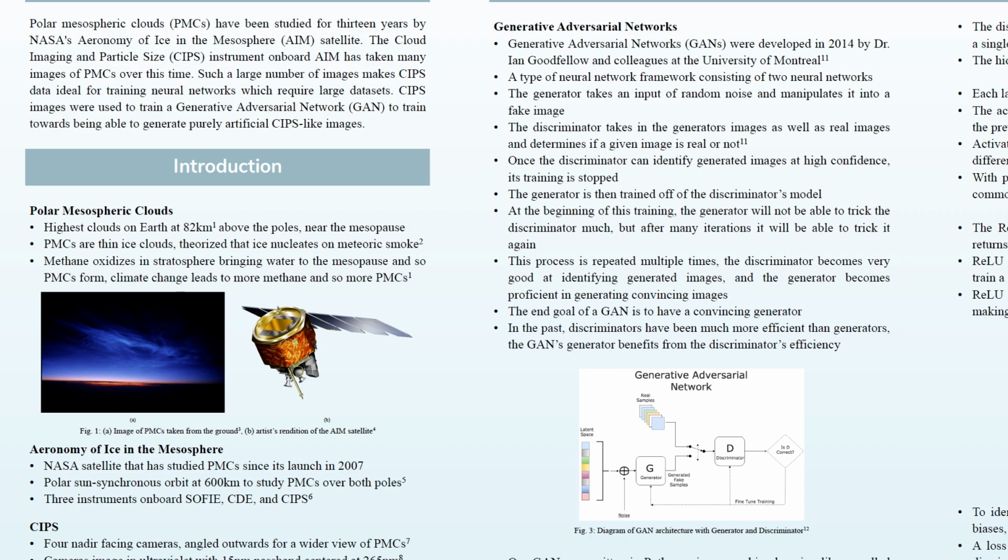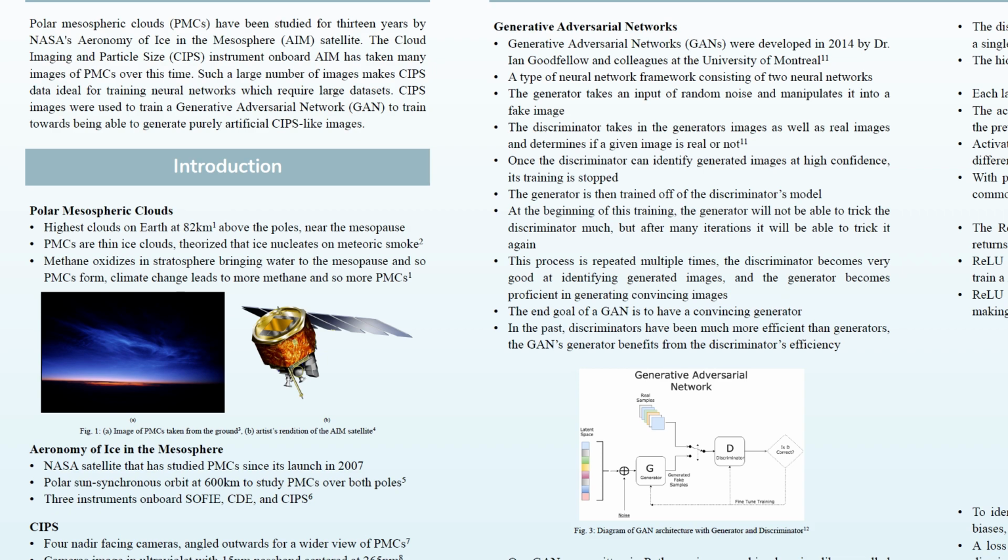One thing that's interesting about PMCs is that their first observation was in 1885, so not that long ago. They're quite a recent phenomenon. Since the water comes from the oxidation of methane, the more methane there is, the more these clouds form.